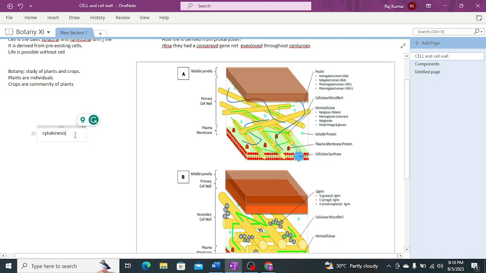Another interesting point is that an unripened fruit has middle lamella as a cementing layer between the cells of that fruit.